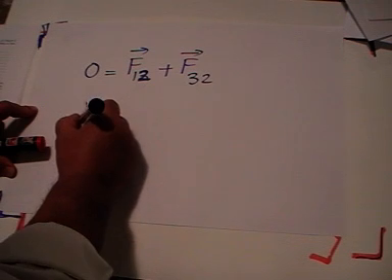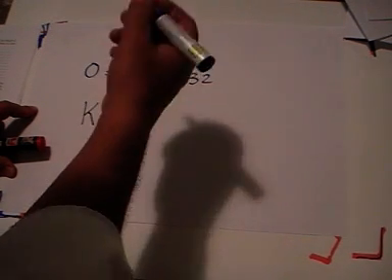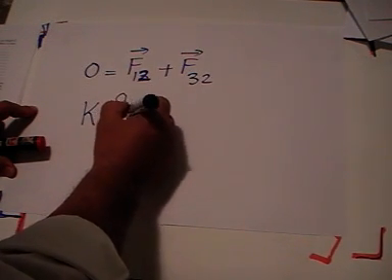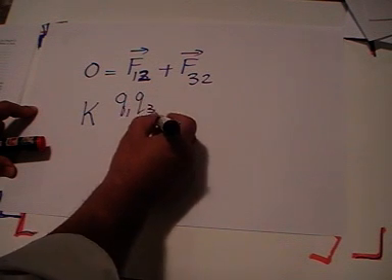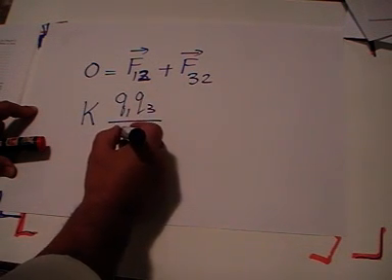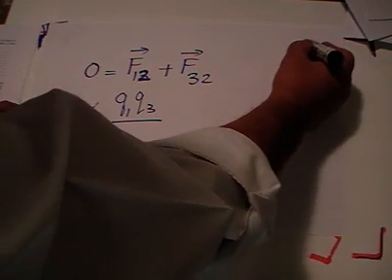So it will be something like this: K, the constant, Q1 Q2 divided by R12. I'm going to split the distance.